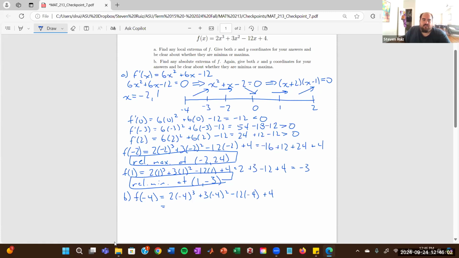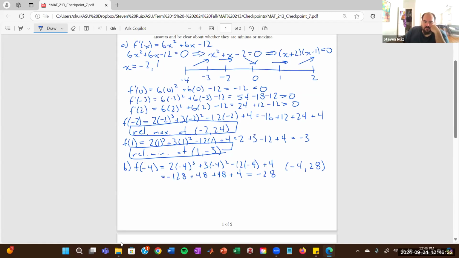Need a little more space. So 2 times -64, so -128, plus 3 times 16 is 48, plus 48, plus 4. So 96 plus, so that's 100. So -128 plus 100 is -28. So let's keep this point off to the side, (-4, 28).